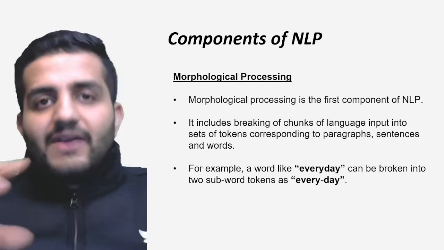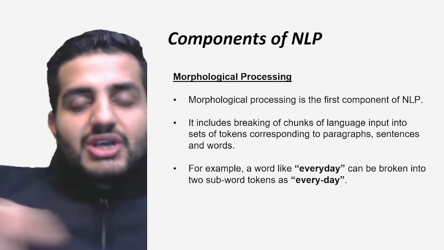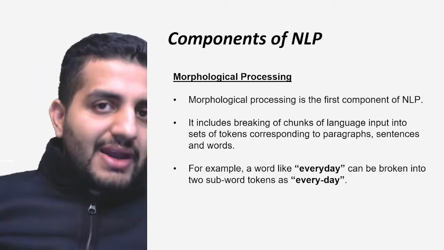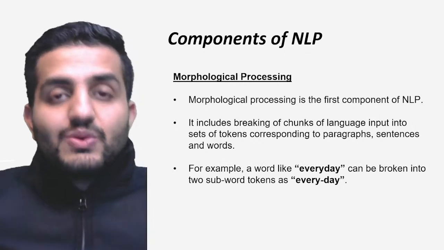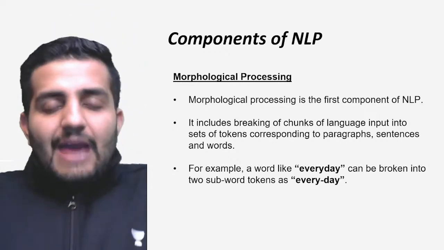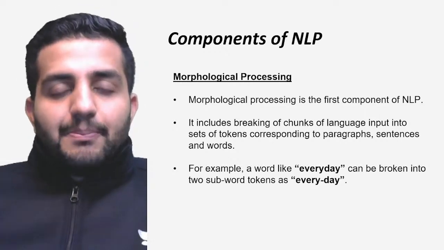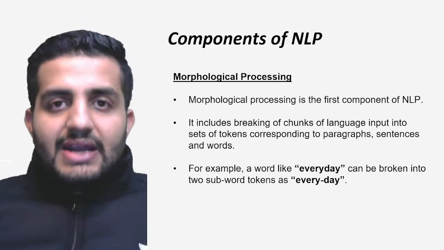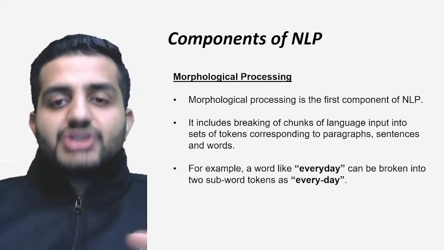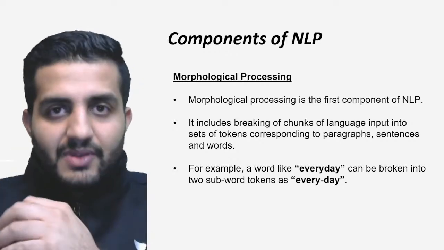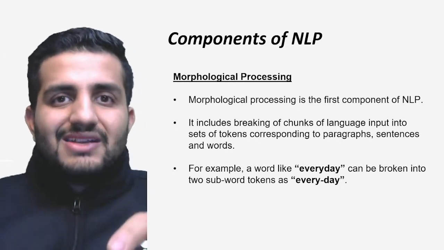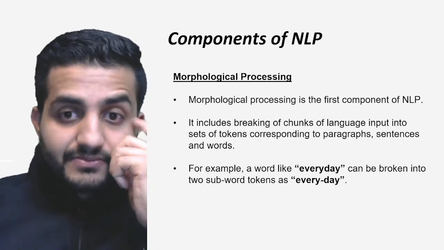If I have a sentence, the smaller chunks of information are words. But if I have a paragraph, the tokens mean the individual sentences, the smaller chunks of information in a paragraph. So in morphological processing, the bigger information gets broken into smaller chunks, and we call them tokens. For the sentence it is words, so I have 5 tokens in this sentence: my name is Arpit Jain.